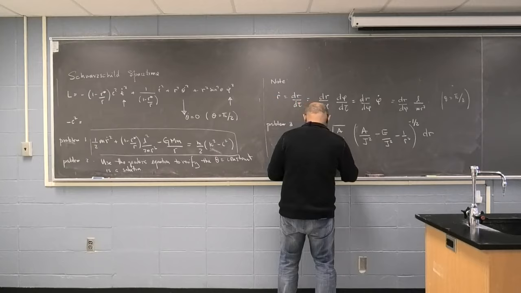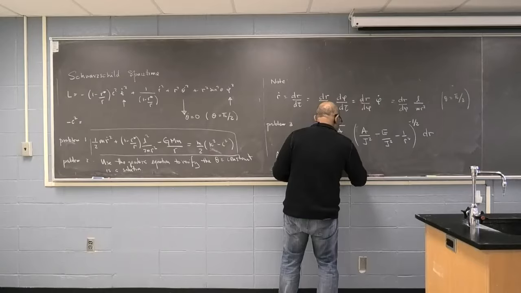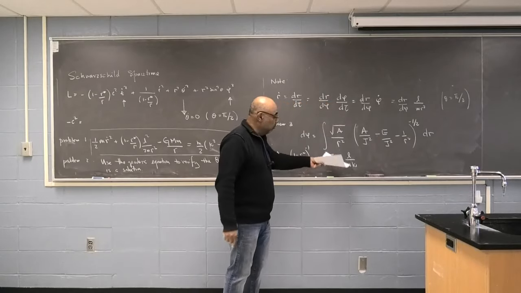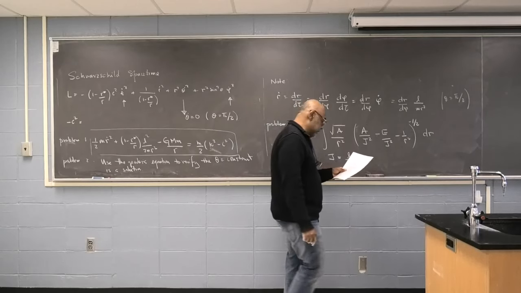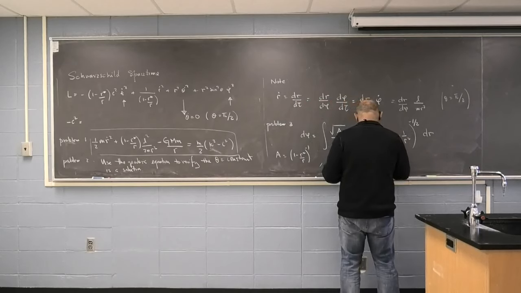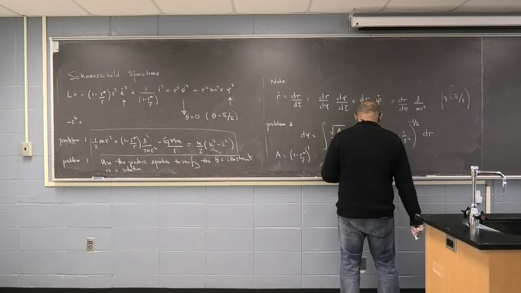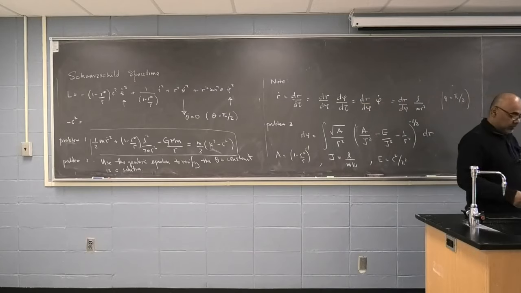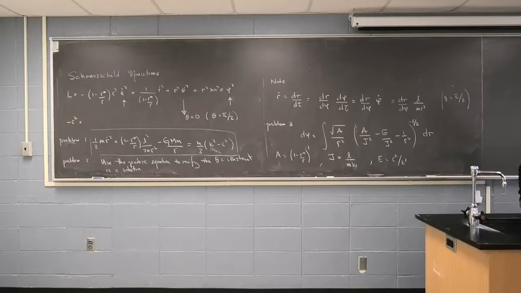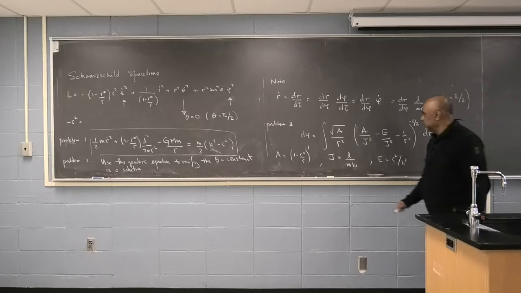J is L over m kappa, sort of like angular momentum per unit energy, so to speak. And E is c squared over kappa squared. A little bit of algebra. Because all I care about is phi as a function of r, or r as a function of phi, I can integrate any which way I want. Integral on the left-hand side too? Yeah, sorry, yeah.